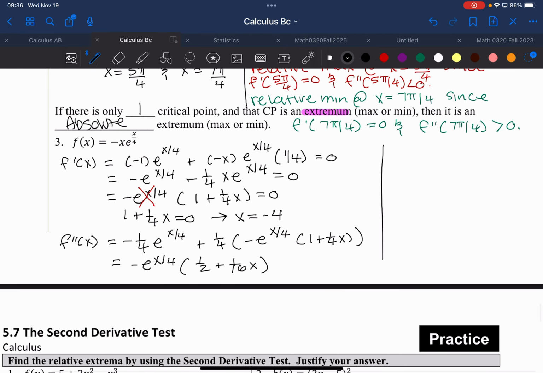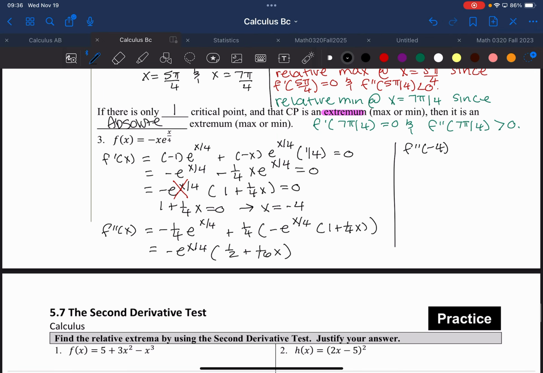So then to find that maximum or minimum, I'm going to take x equals negative 4 and plug it into my second derivative. So f double prime of negative 4 is equal to negative e to the negative 4 over 4 times 1/2 plus 1/16 times negative 4.